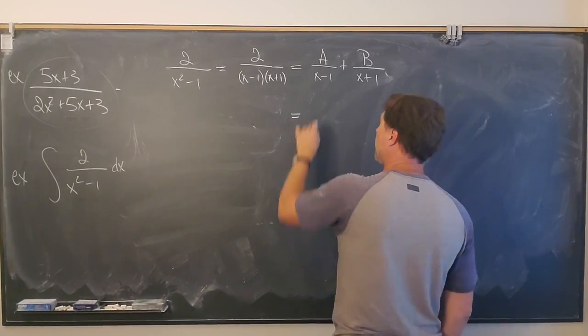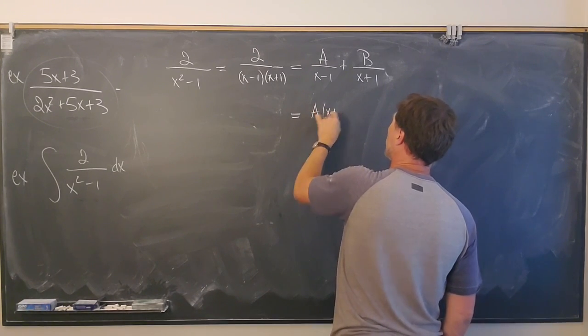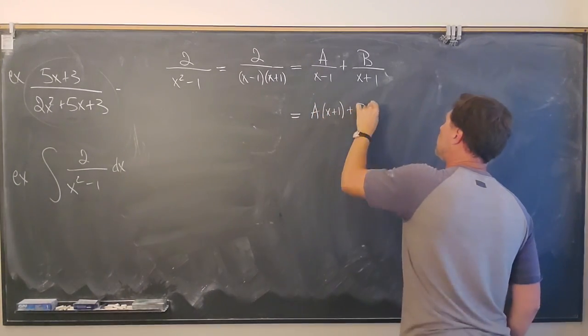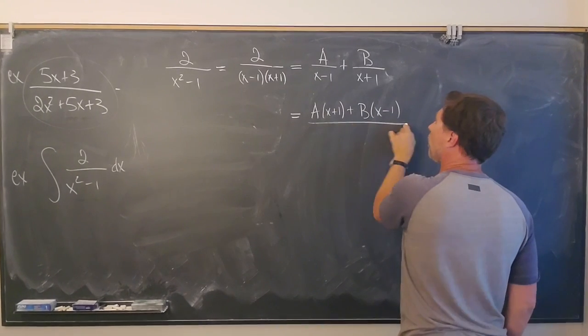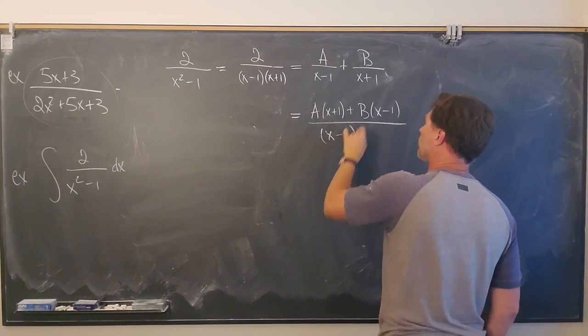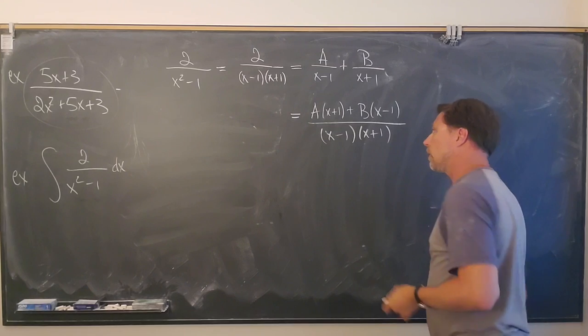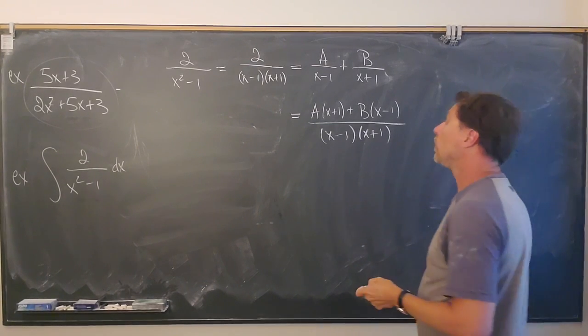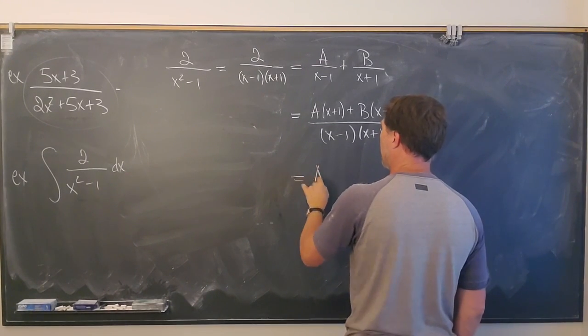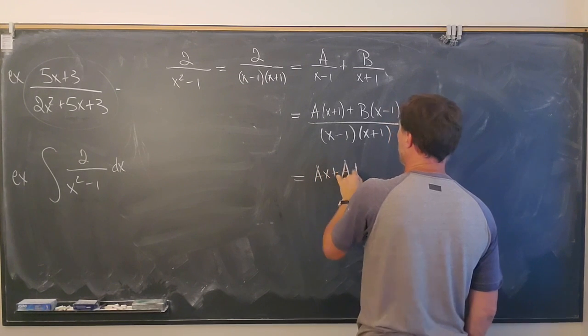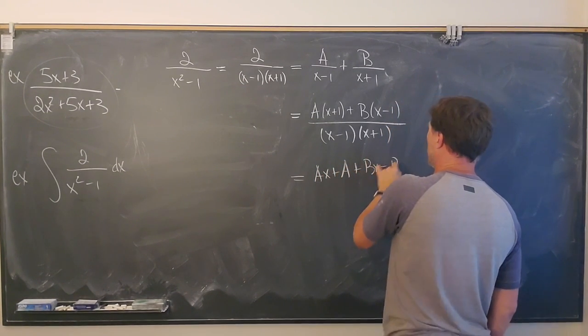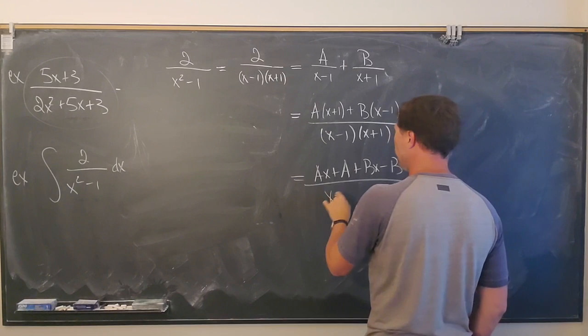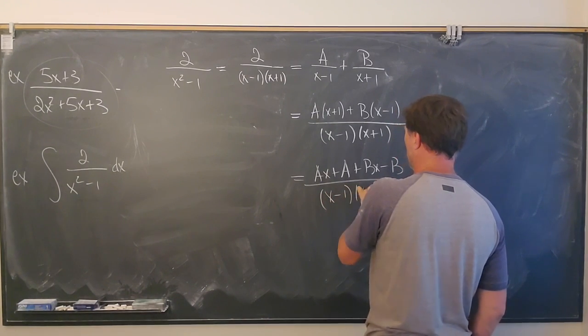Get a common denominator now, so this will be a times (x plus 1) plus b times (x minus 1), all over (x minus 1)(x plus 1). Multiply stuff out, so we'll have ax plus a plus bx minus b over (x minus 1)(x plus 1).